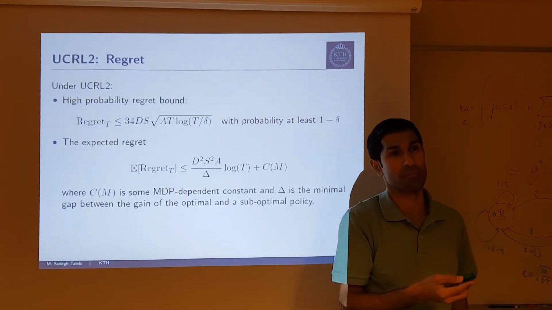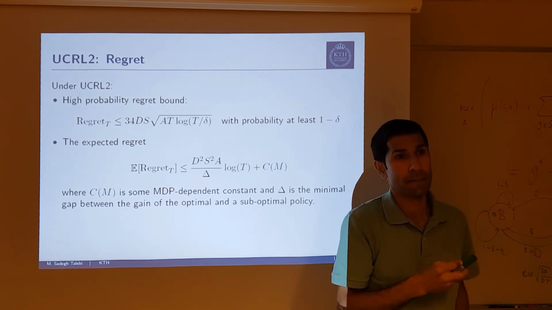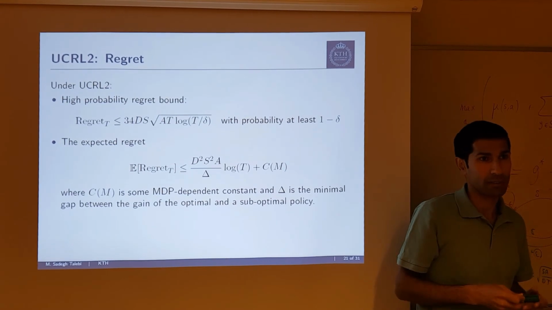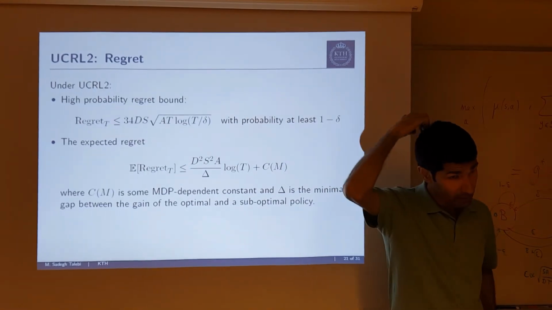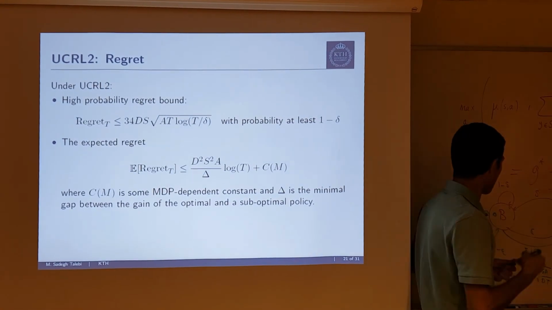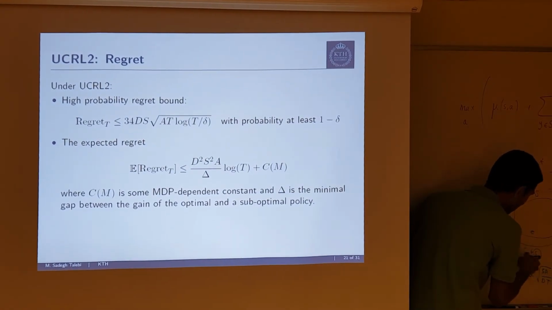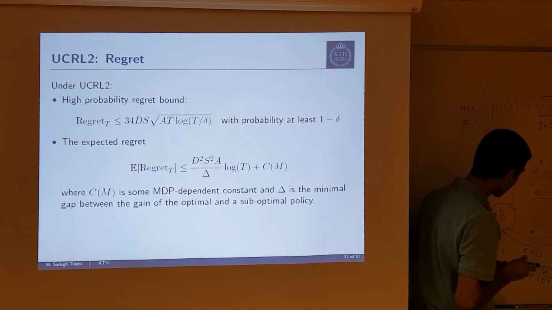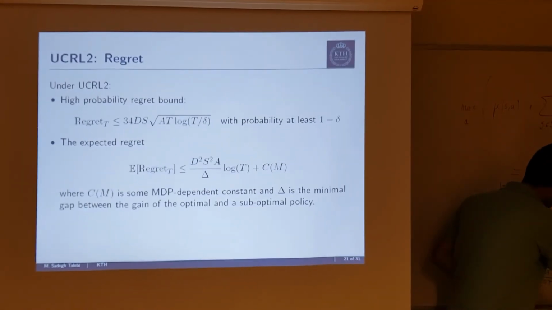Depending on delta, your learning could be, well, the best case, delta is 0.5. But sorry, that delta is not the same as that delta. Let's call this one C. And the diameter is this.